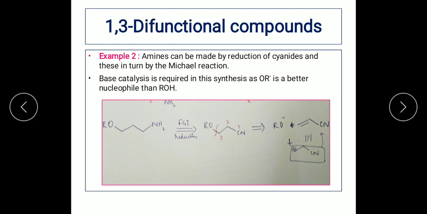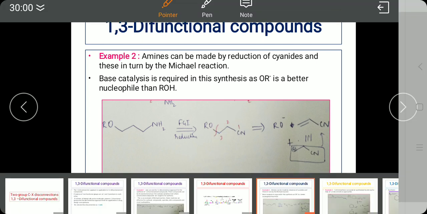Next, once we disconnect, we're going to get the cyanide group as the intermediate, or this is the second step in the disconnection. Now here you can observe that the number of carbon atoms between NH2 and OR is 3, right? Count the number of carbon atoms between NH2 and OR: it is 3 carbon atoms, but after the reduction it is going to give rise to 2 carbon atoms.